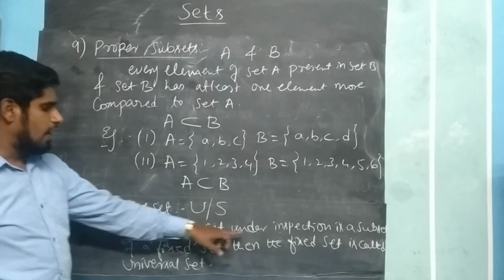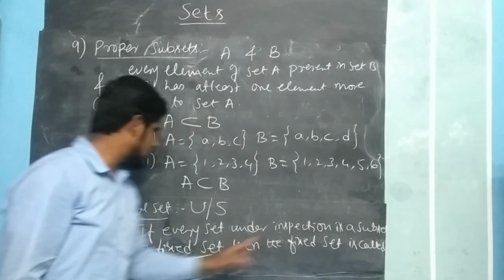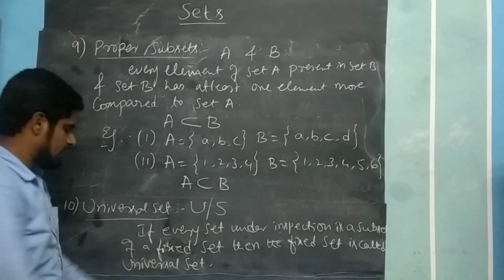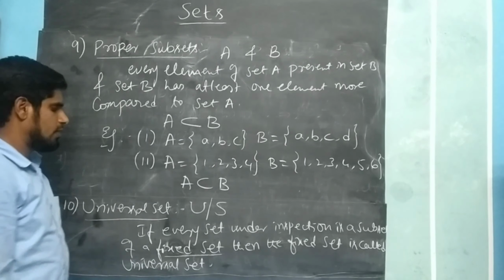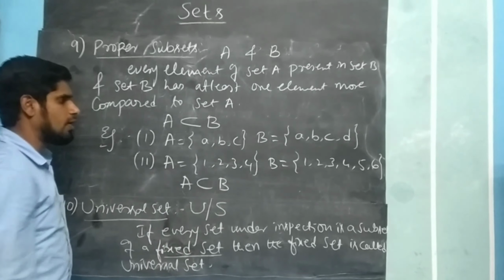If every set under some inspection is a subset of a fixed set, then the fixed set is called the universal set, and it is represented by U or S.